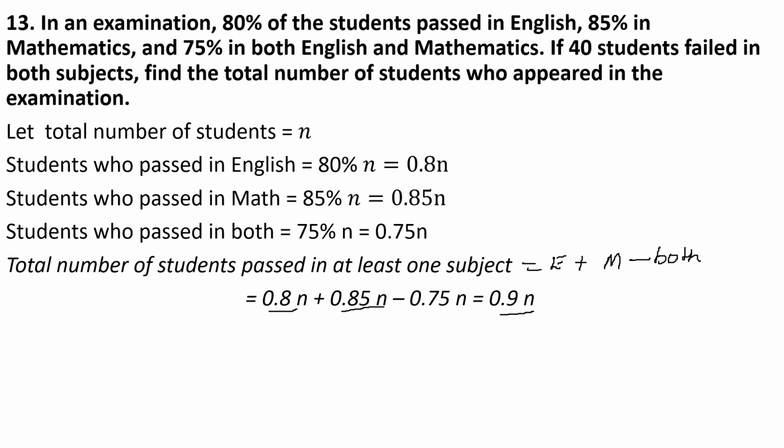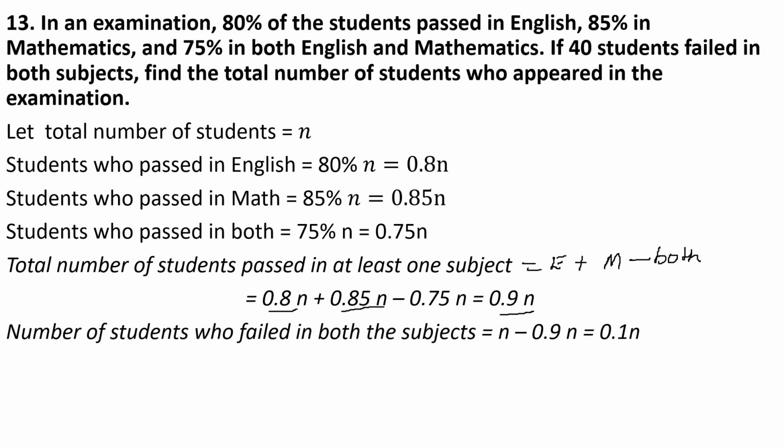Now, what are the remaining students? Those students will be the failed students. Out of the students who appeared, if 0.9 passed, the remaining failed. So the number of students who failed in both the subjects is n minus 0.9n. So that is 0.1n. Now it is given that 40 students failed in both the subjects.